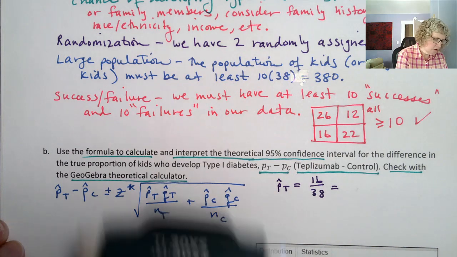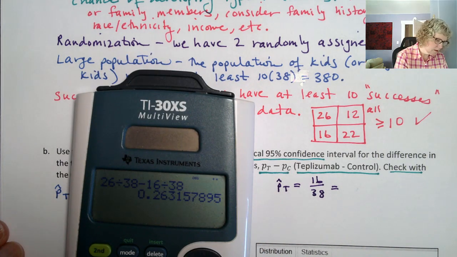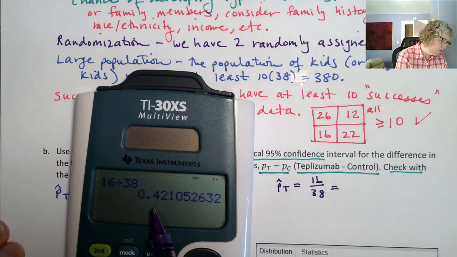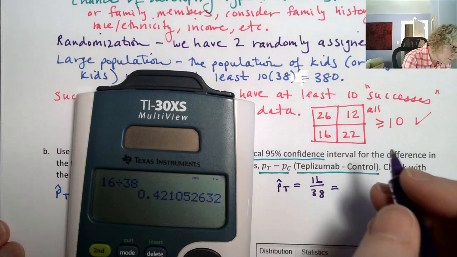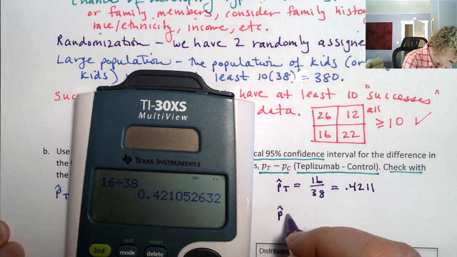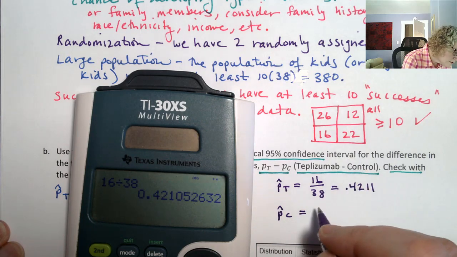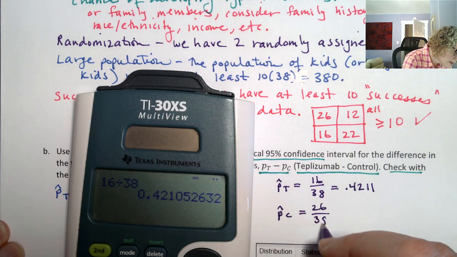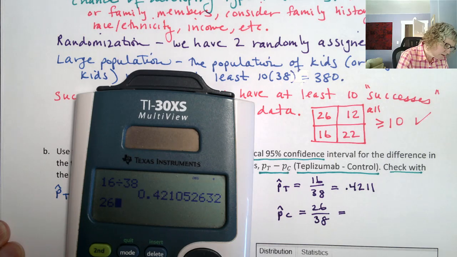And let's get a decimal for that. 0.4211. And then P hat C was the 26 over 38. 0.6842.